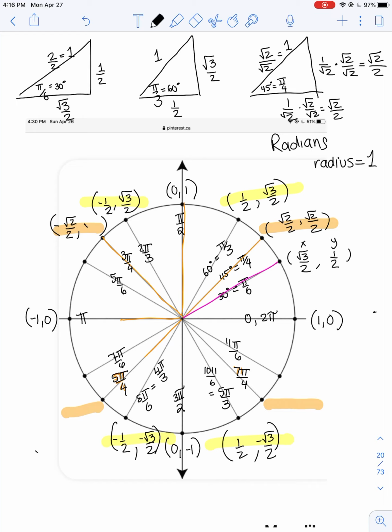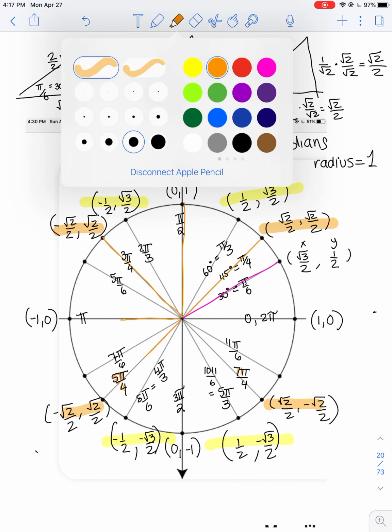We're going to know that the x-coordinate should be negative and the y-coordinate should be positive. In the third quadrant, they should both be negative. And in the fourth quadrant, the x should be positive and the y should be negative.